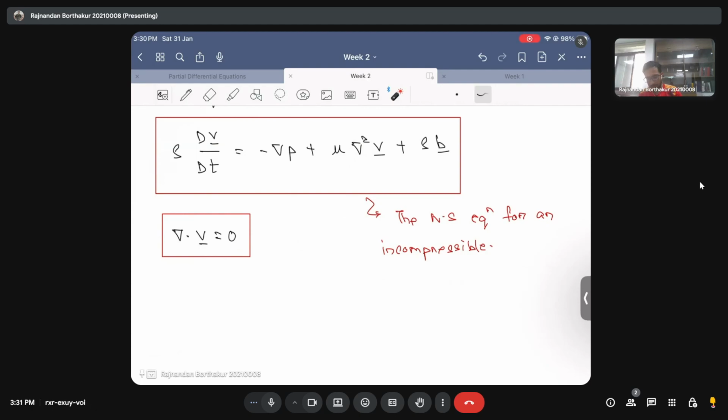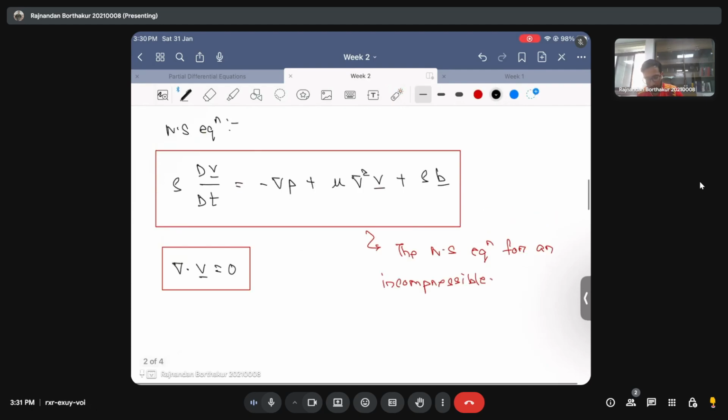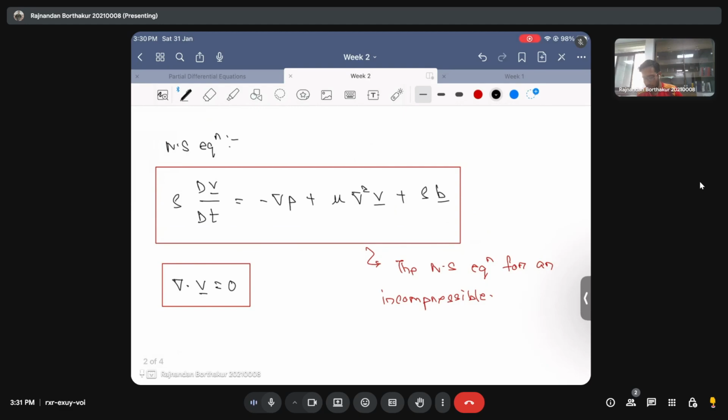Okay. So there are certain terms that you need to be familiar with. For instance, this term, rho times dv/dt, is associated with force due to inertia.